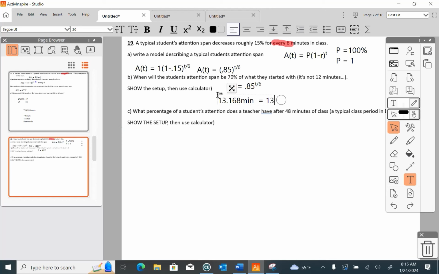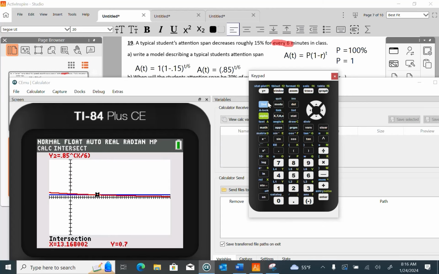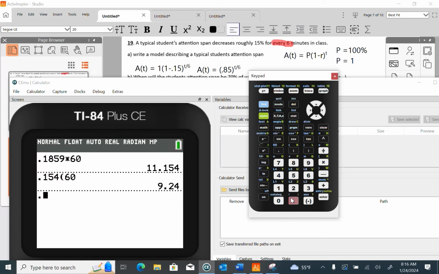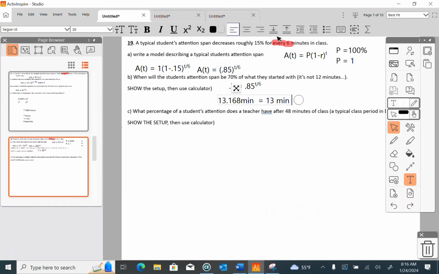Which is going to be 13 minutes and some seconds. I'm going to take my 0.168 and multiply it by 60. The reason I'm doing this is because things like that don't make sense. I mean, we're taught time in minutes and seconds. 10 seconds.